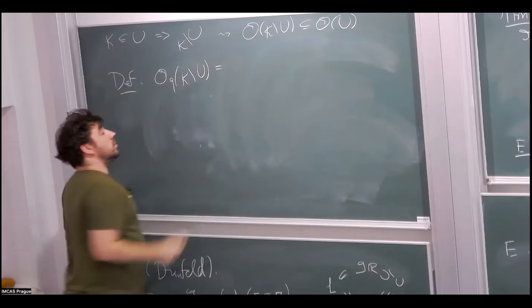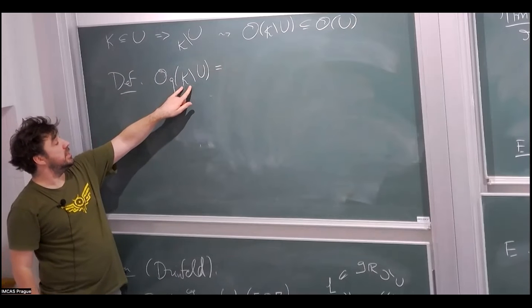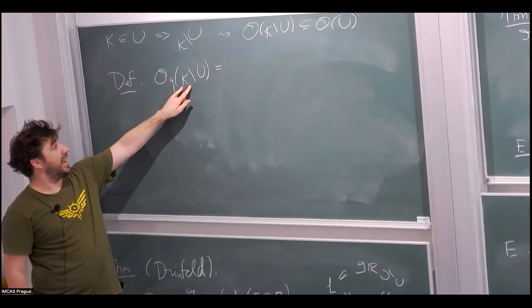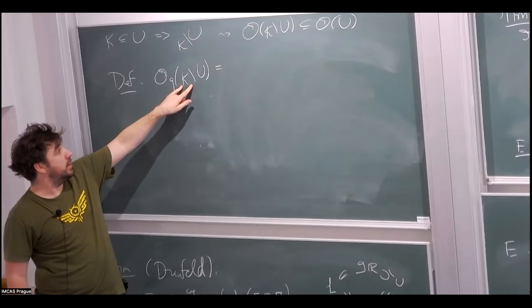Well, recall that K was actually connected. So it means if I want to see invariance under left multiplication by K, it's enough to see infinitesimal invariance under the Lie algebra of K.